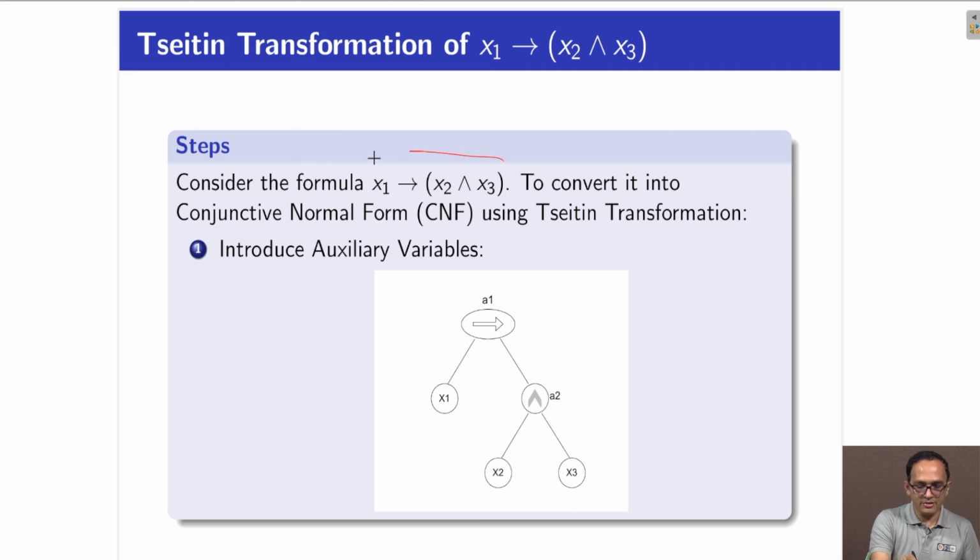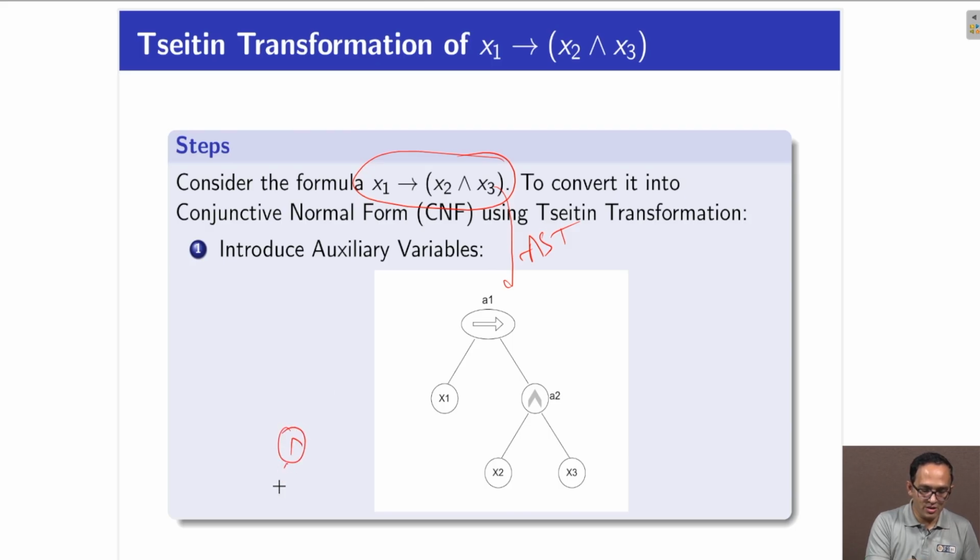Let us say I have this formula which is not in CNF, and I want to convert it into CNF. So, what will I do? I will construct the abstract syntax tree, or AST, of this, which is quite simple. You can think of it as having x1, x2 and x3, right.